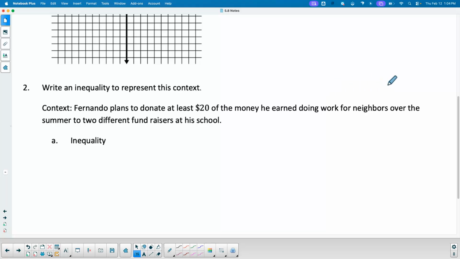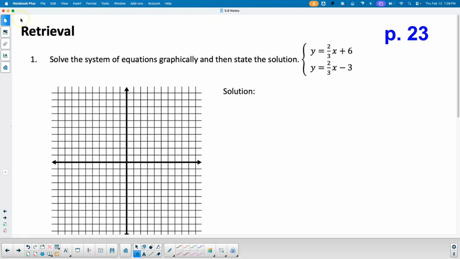Okay? So just write me the inequalities. Okay? Go for it.